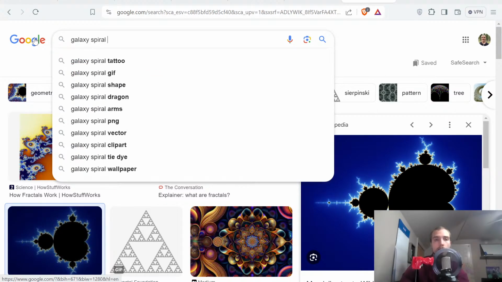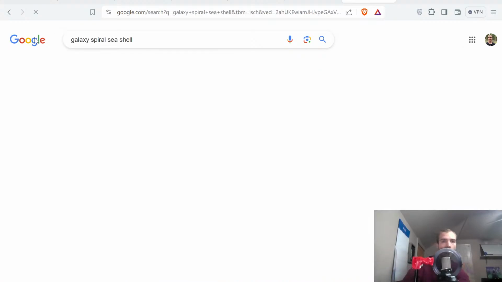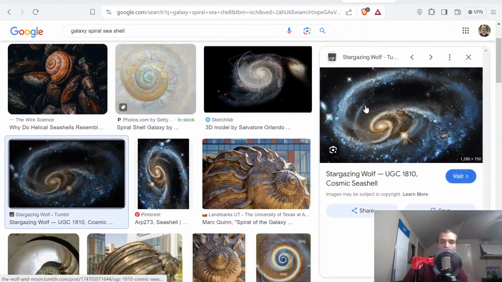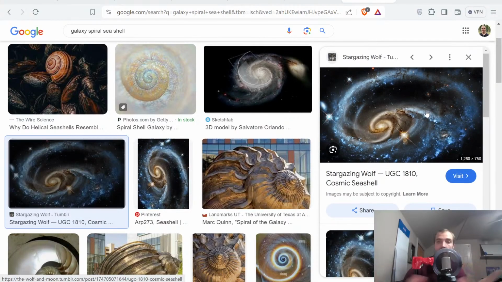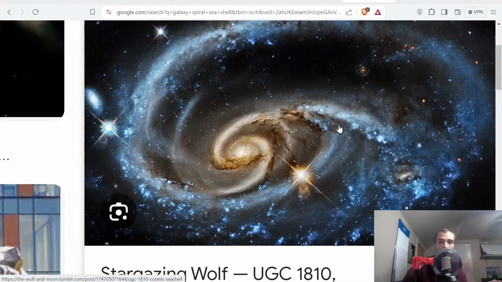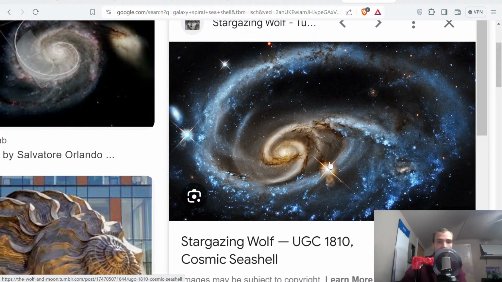galaxy spiral and seashell. If you look at a galaxy spiral, the way that galaxies have their spirals from all the planetary bodies moving in their gravitational pulls, you get a Fibonacci spiral. And that Fibonacci math, Nikola Tesla was actually studying this a lot. He was super interested in torus math and 369 and Fibonacci and stuff.